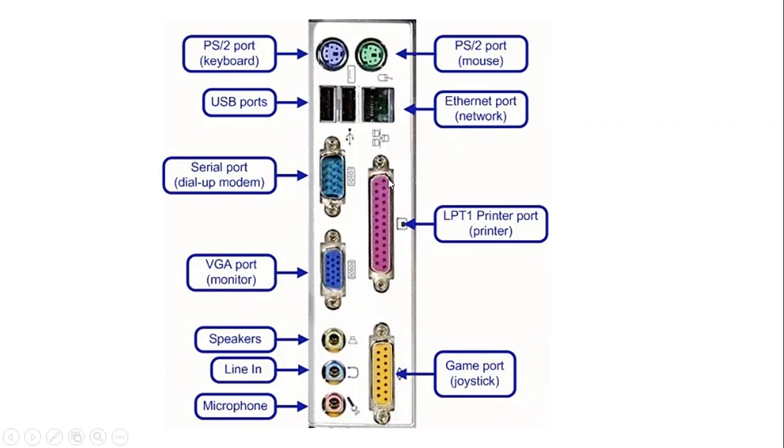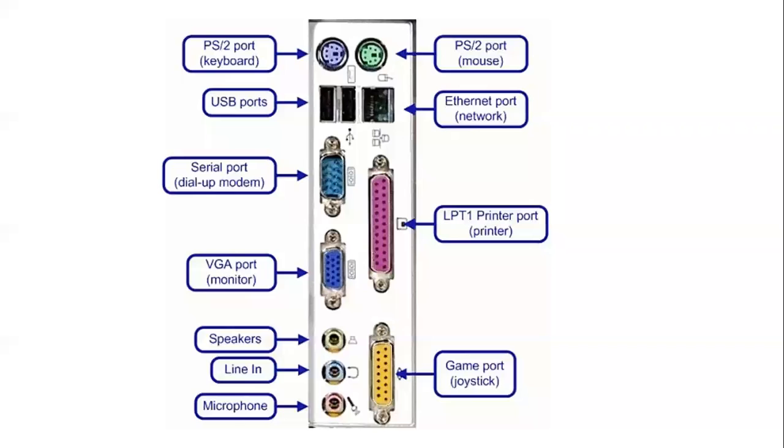Only printers can connect with this type of pink color port. Then this dark blue color port is known as VGA, Visual Graphic Adapter. The VGA port is normally used to connect your monitor or multimedia projectors with your computer.